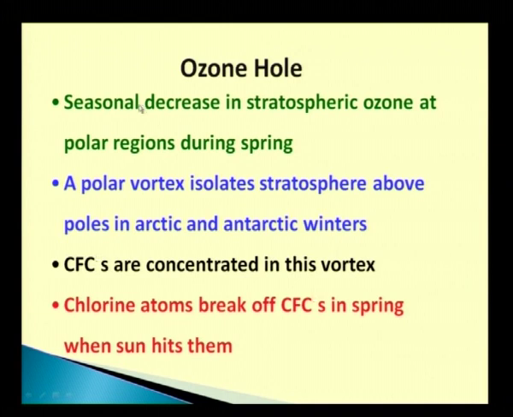The ozone hole is a seasonal decrease in stratospheric ozone at polar regions during spring. A polar vortex isolates the stratosphere above the poles in Arctic and Antarctic winters, and the CFCs are concentrated in this vortex. The chlorine atoms break off CFCs in spring when the sun hits them, and therefore it is climate dependent, and this phenomenon happens at the poles.